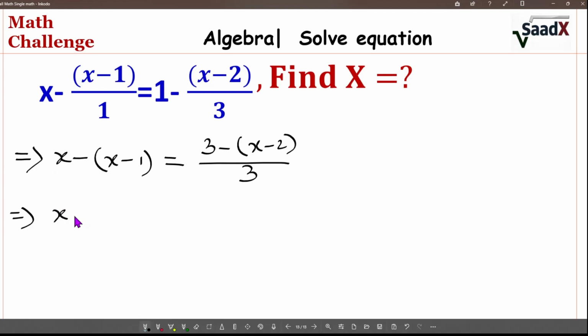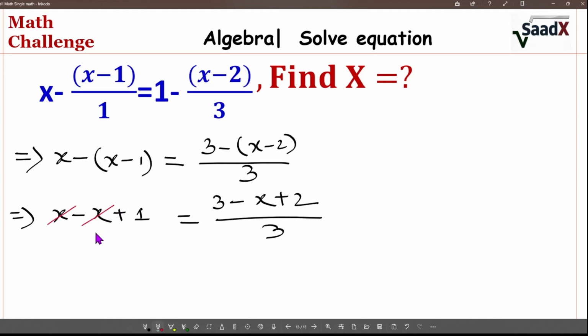Then x, and minus and minus becomes plus 1, and here 3 minus (x - 2), minus and minus becomes plus 2, all divided by 3. So plus x minus x cancels out. Here is 1, and here 3 plus 2 is 5, so it is (5 - x) divided by 3.